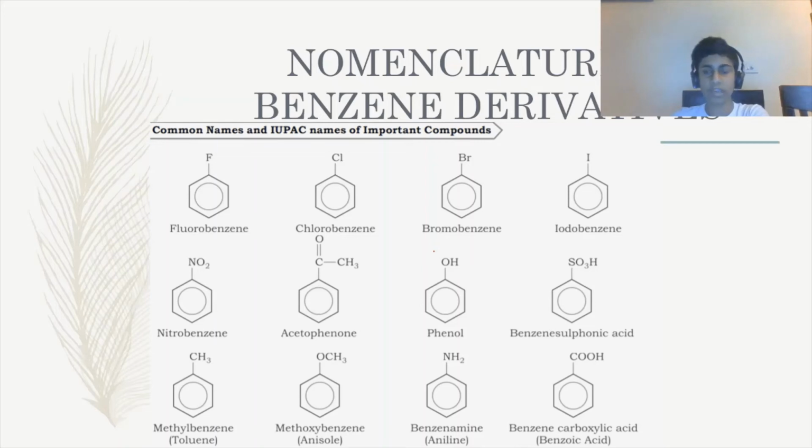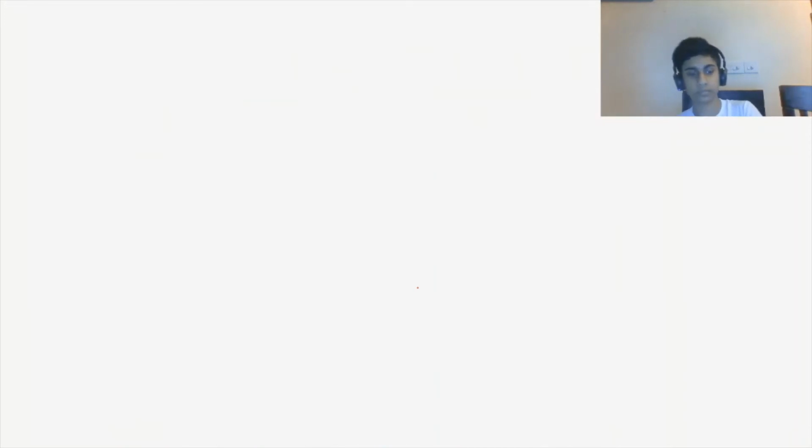Now, before we get into nomenclature of benzene derivatives, we'll just look at the bond line formula. Bond line formula is a shortcut method of just drawing the bonds and showing the carbon atoms in the form of sticks. That's why it's also known as stick formula.